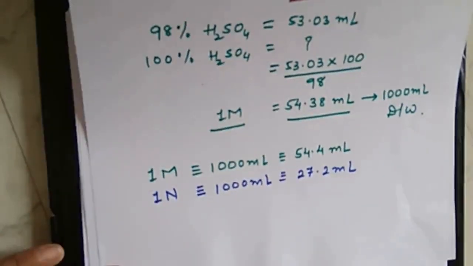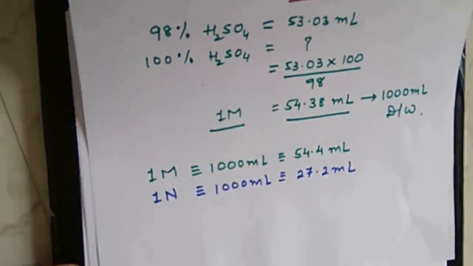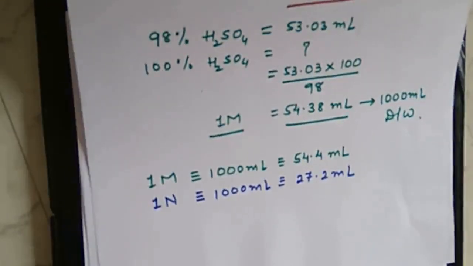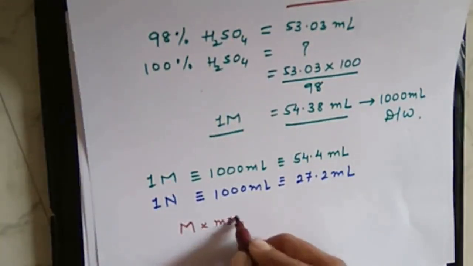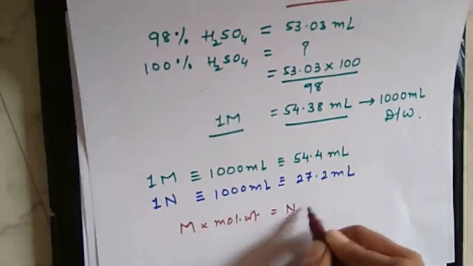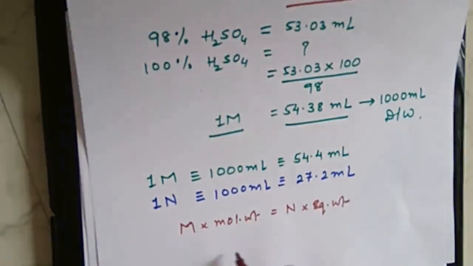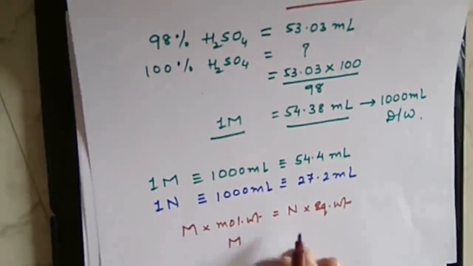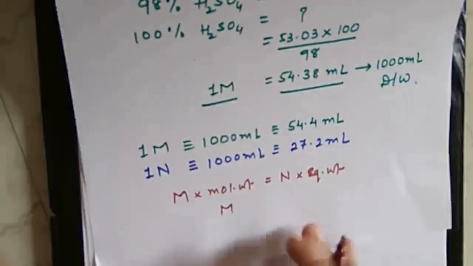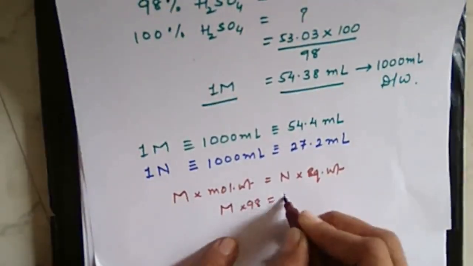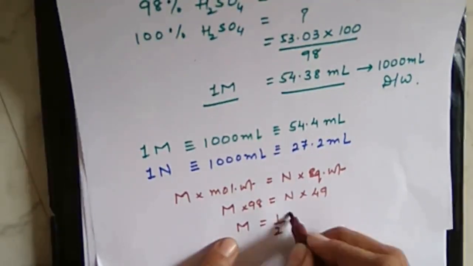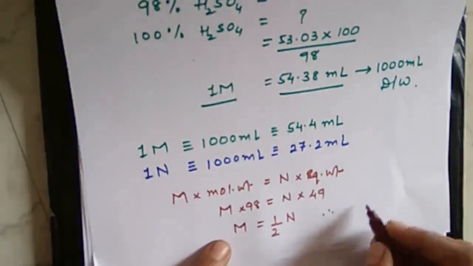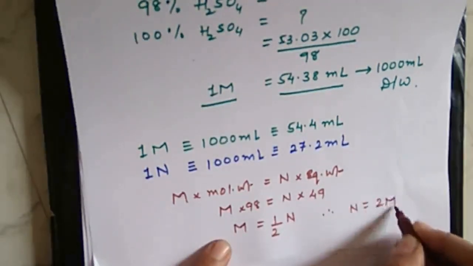So we know the relation between these two, that is molarity into molecular weight is equal to normality into equivalent weight. So when we want to calculate molarity of the sulfuric acid, how much it will be equivalent, we know it will be 98 is equal to normality into 49. So molarity will be half of the normality, or we say normality will be twice the molarity.